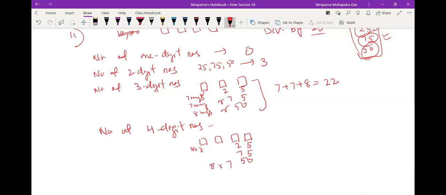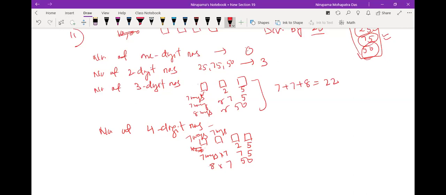Similarly, after taking 75, here we cannot have 0. Since no 0, 7 ways here. 3 digits used. Here also 7 ways. This case is also 7 ways, and this is also 7 ways. 0 cannot be used here.